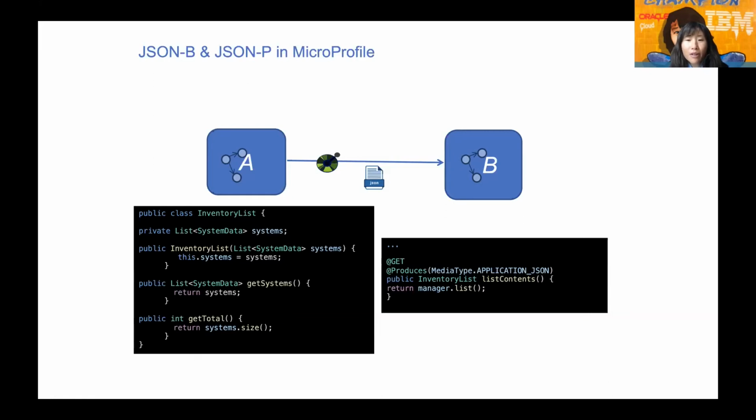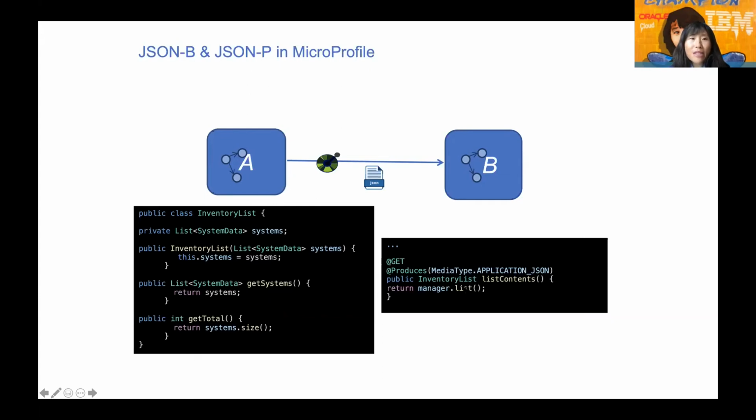The beauty is that the implementation of MicroProfile JAX-RS directly uses JSON-B in the background, so an inventory list is serialized into a JSON object, and over the wire it is deserialized into an inventory list.